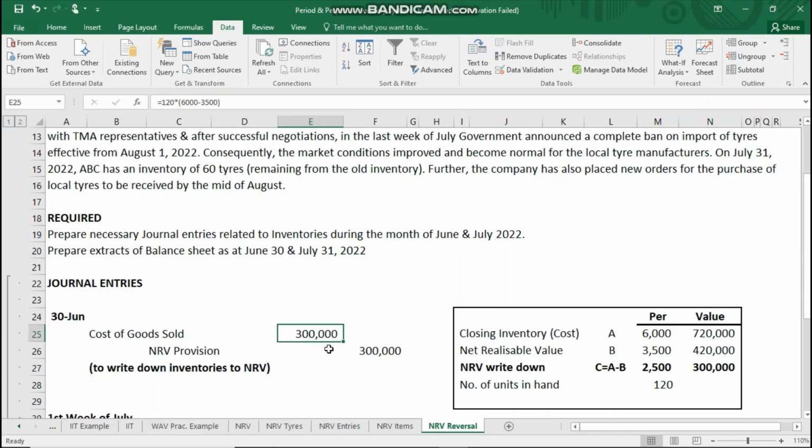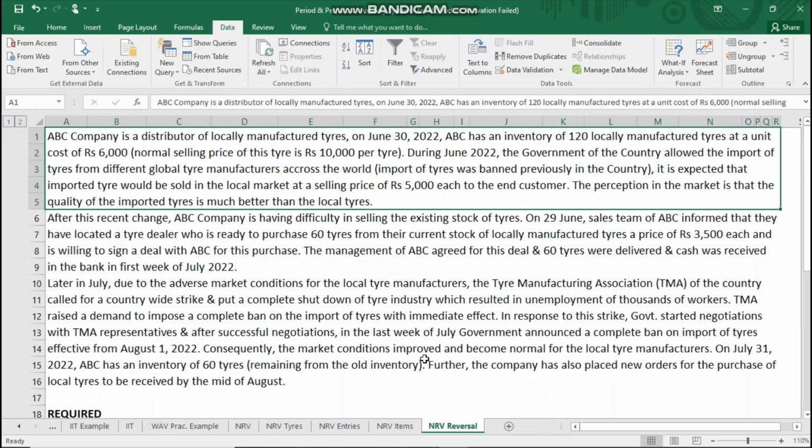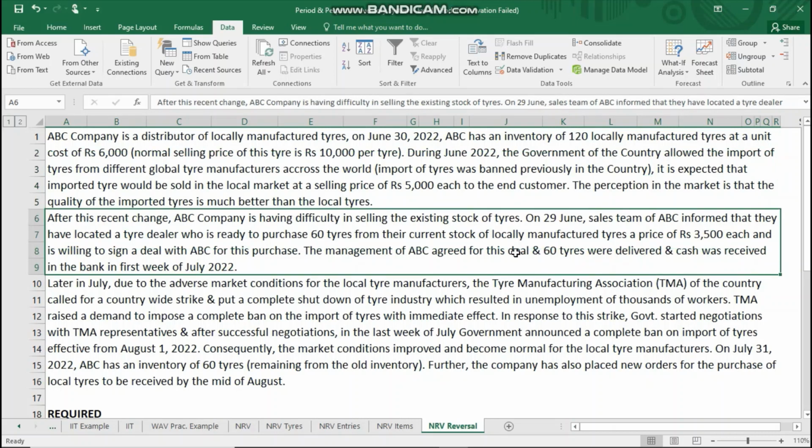So cost of goods sold is debited by 300,000, and NRV provision is created by 300,000. So this is the first entry in the month of June. As per the data, now we'll move towards what happened in July.